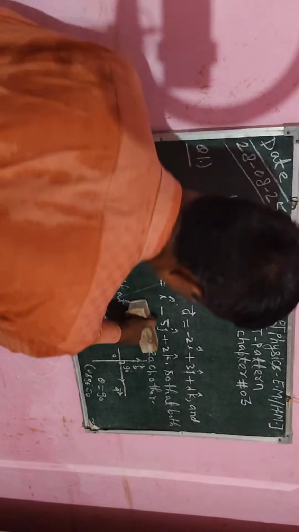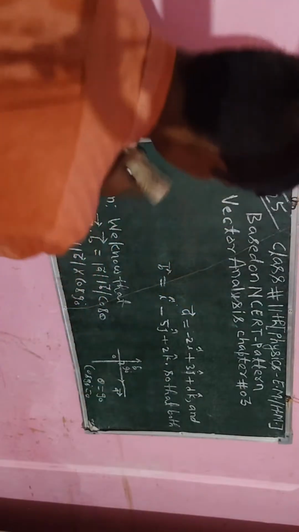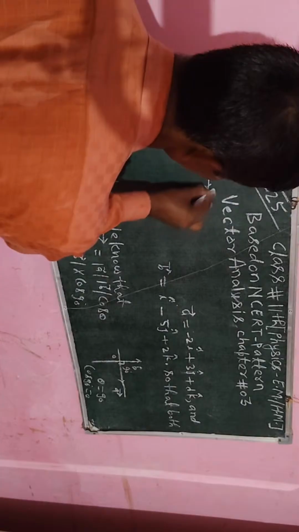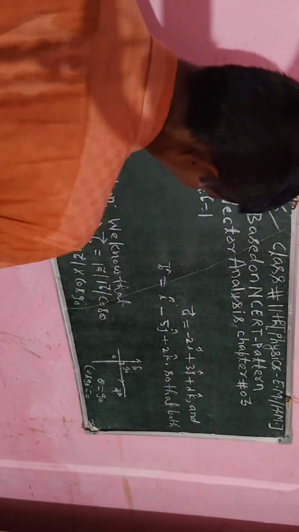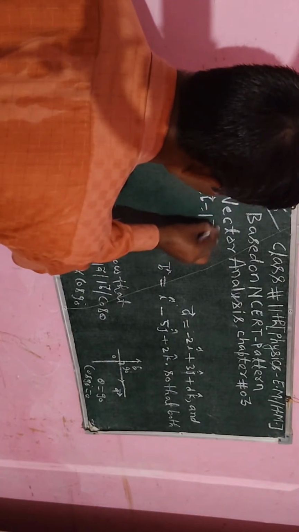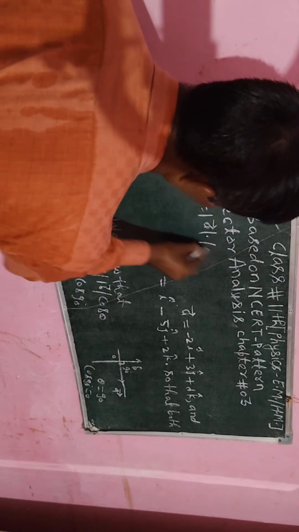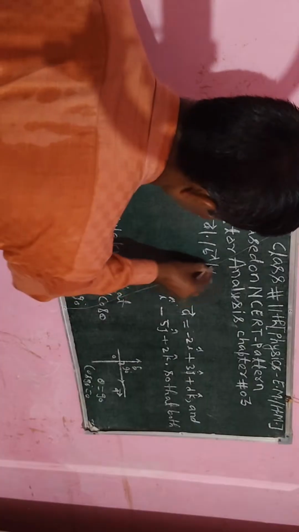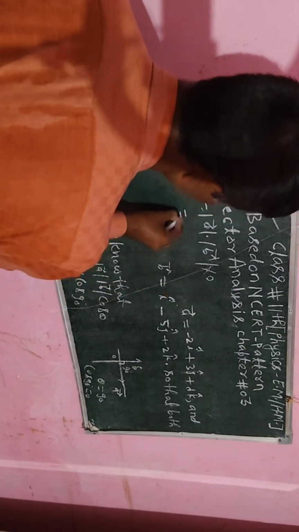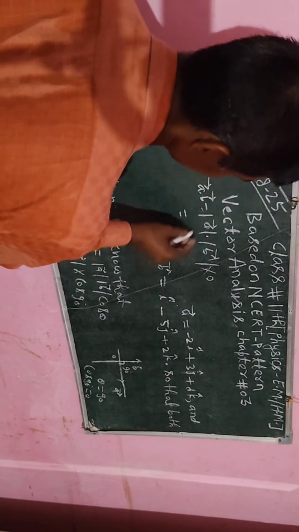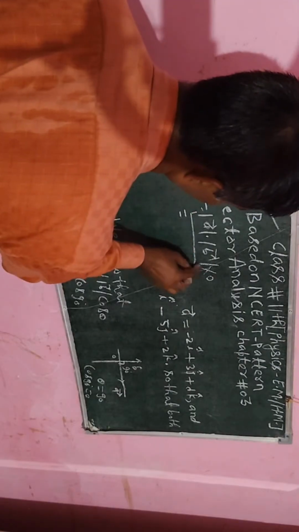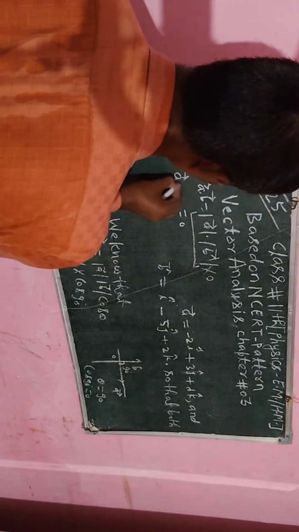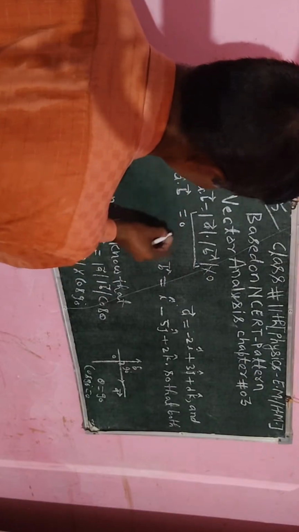So here I have to write vector A dot vector B, which is equal to magnitude of the vector A into magnitude of the vector B into cos 90 degree, that will be 0. Now here one concept is that multiplication of any number with 0 will be 0. It means that A dot B has value 0.